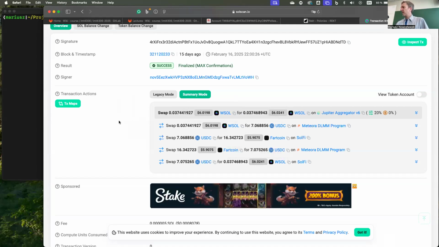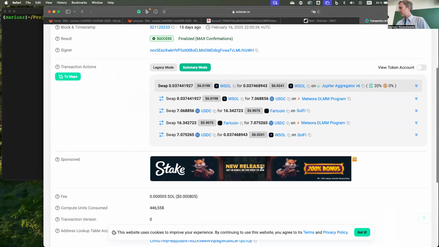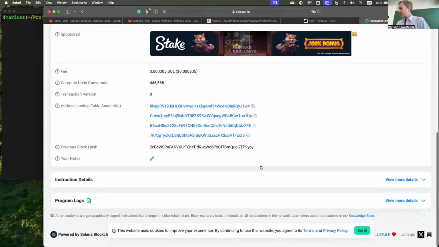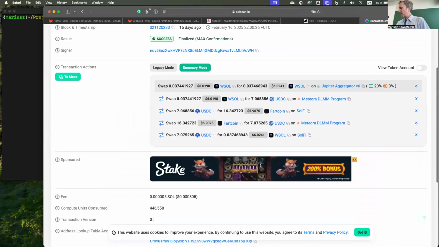So sub-cent profit, but the amount swapped was just $6, right? So on a $6 investment, the bot made 0.4 cent of profit.